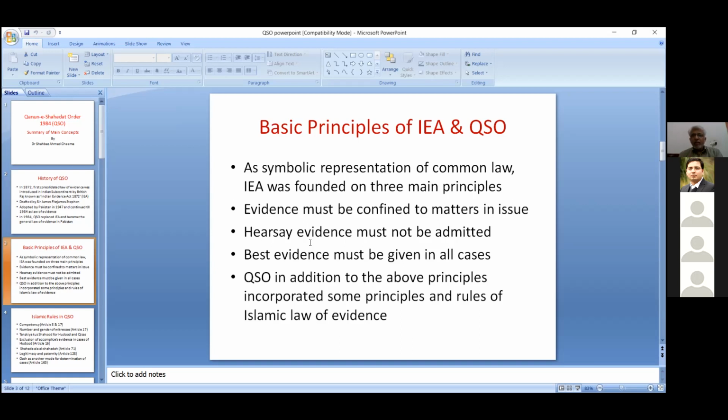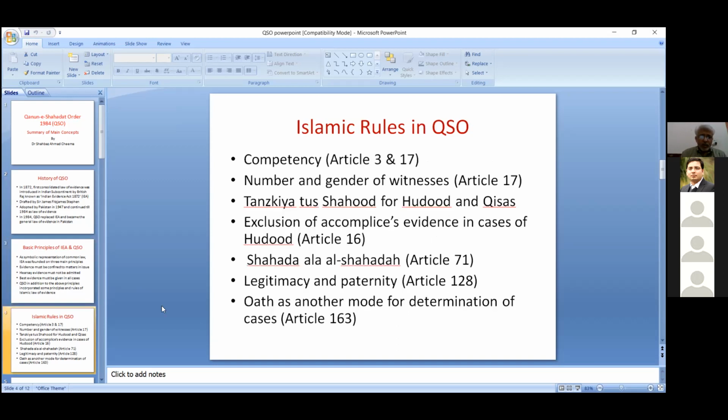But there are some provisions, as I have pointed out, which have been replaced by Islamic provisions. Let me give you the summary of those provisions. These 6-7 provisions are ones in which Islamic principles or rules have been incorporated, and these 6 provisions are in front of you on the screen.